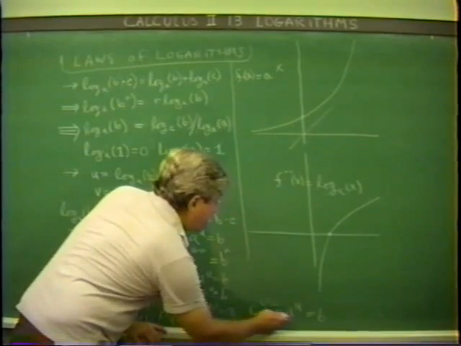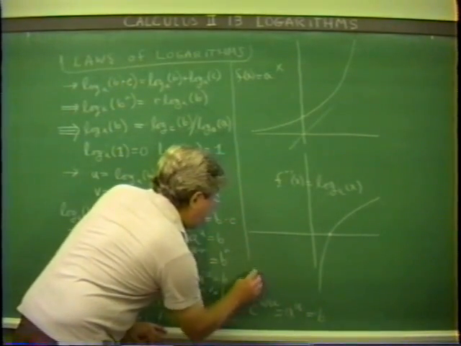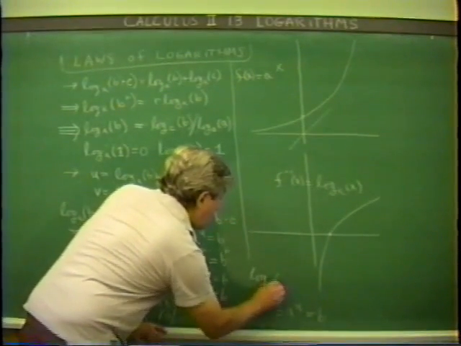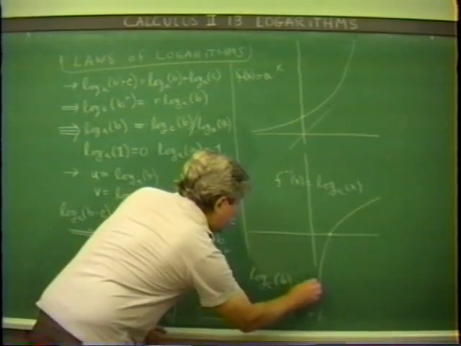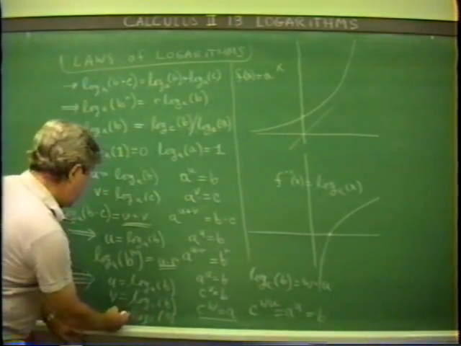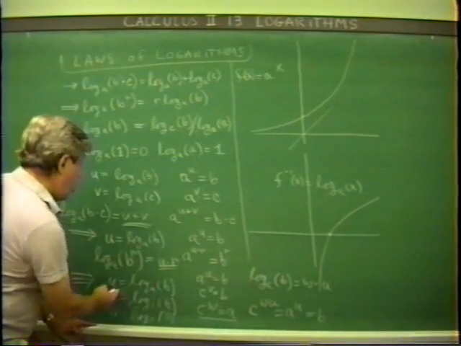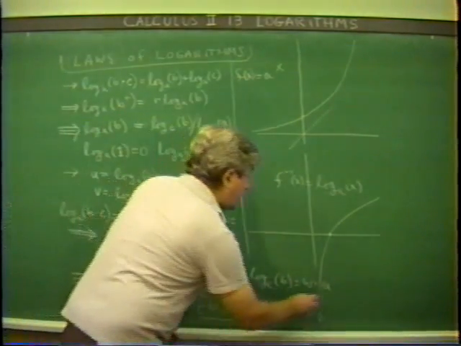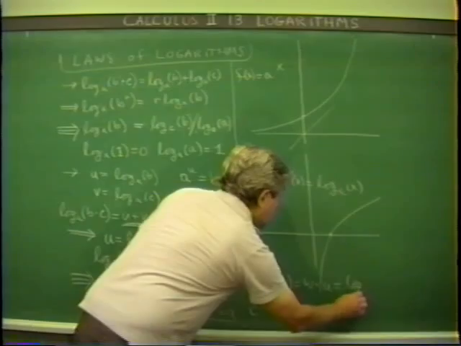Okay, yes, this is it. So consequently we have the log to the base c of b is equal to w times u. And w is the log to the base c of a, and u is log to the base a of b.